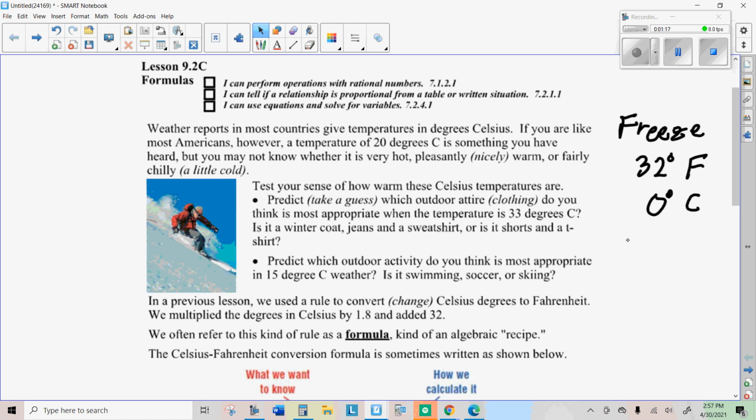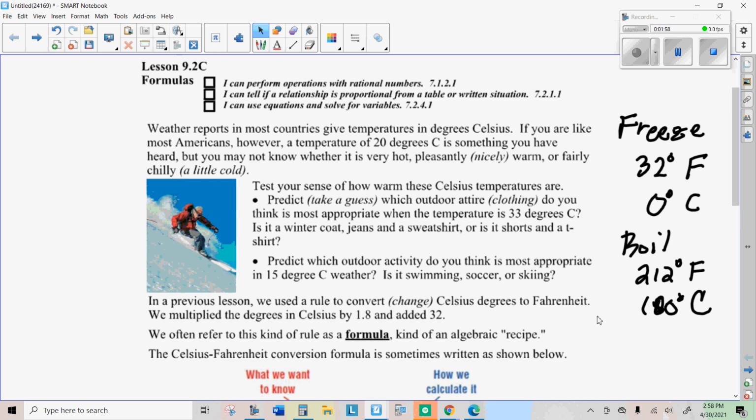And then when you get really hot, in Fahrenheit, the point at sea level that water boils is 212 degrees Fahrenheit, and that is the same as 100 degrees Celsius. So as you can see, a temperature like 100 degrees in Celsius is really warm. It's really warm in Fahrenheit too, but it's something we can actually stand and live with. But in Celsius, if it was 100 degrees, you would not survive very long.